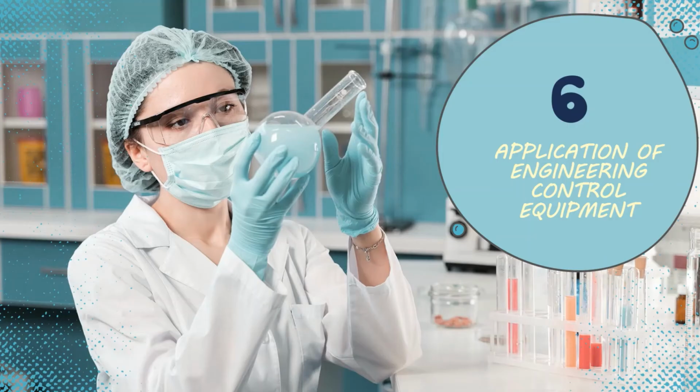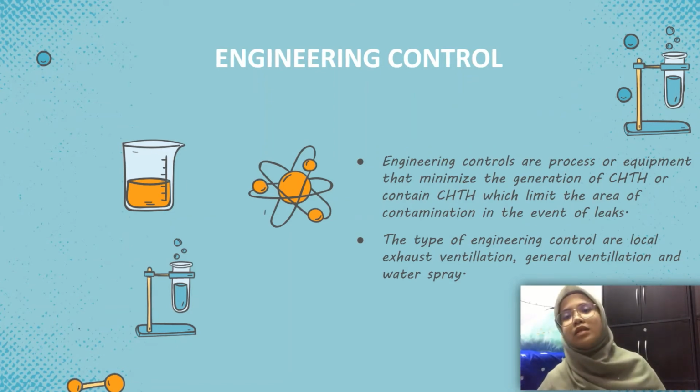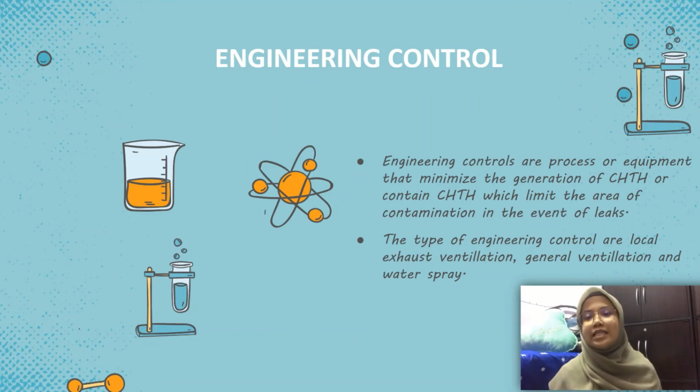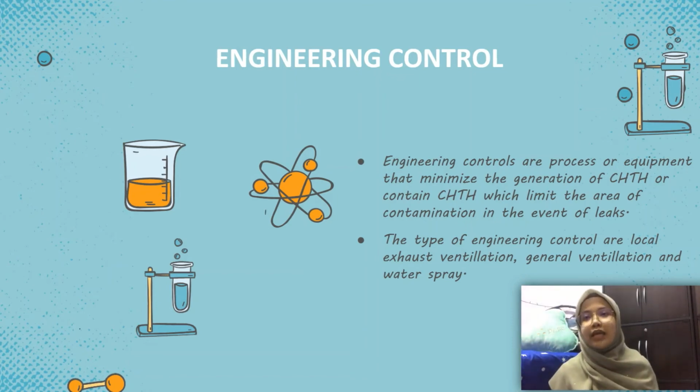The second last of technical control is application of engineering control equipment. Engineering controls are processes or equipment that minimize the generation of chemical hazardous to health or contain chemical hazardous to health, which limits the area of contamination in the event of leaks. The types of engineering control are local exhaust ventilation, general ventilation, and water spray.